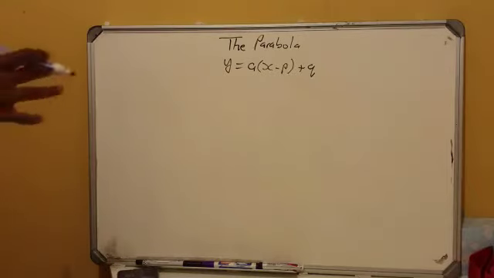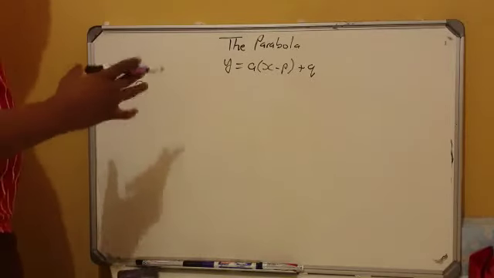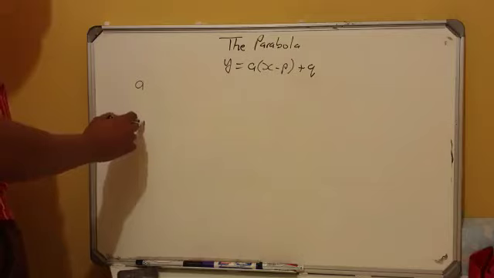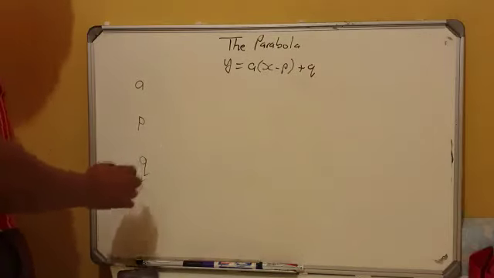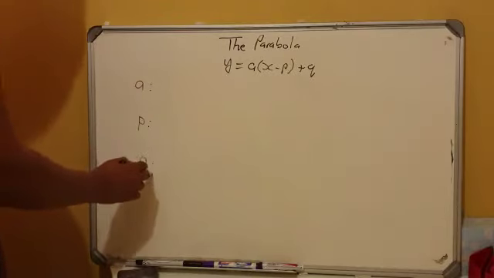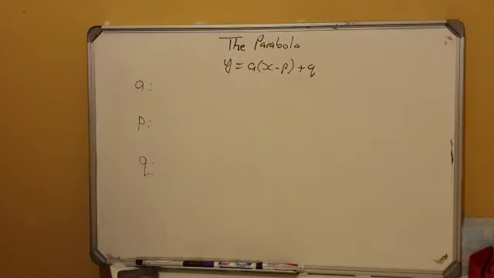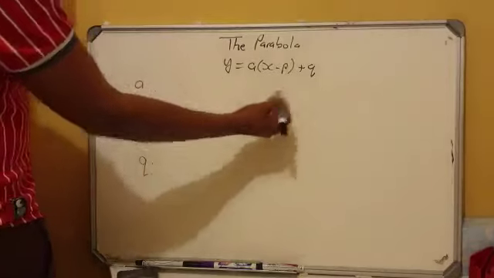Okay, the features I'm talking about: a, how does a affect the graph, how does p affect the graph, and how does q affect the graph. So this is a that I'm talking about, p and q.